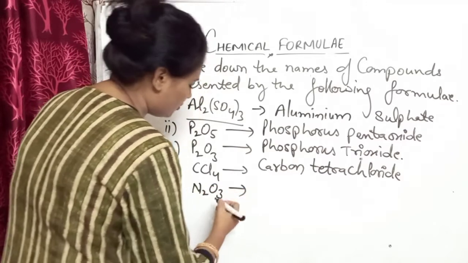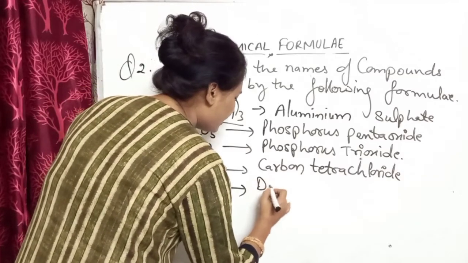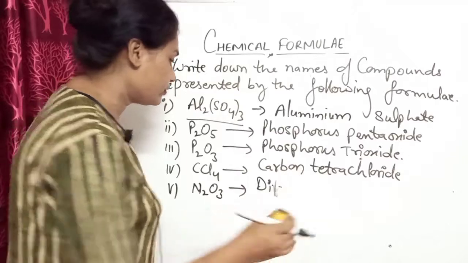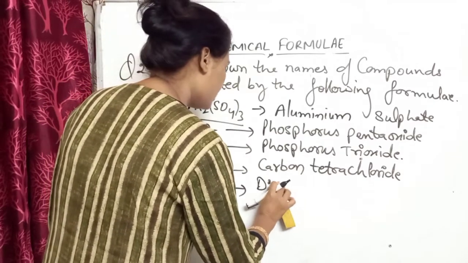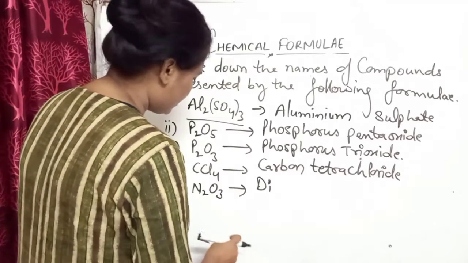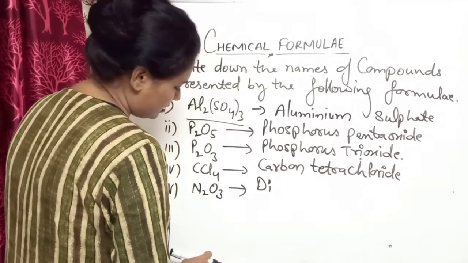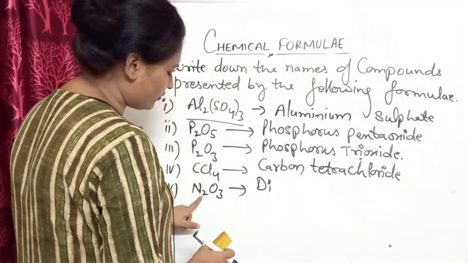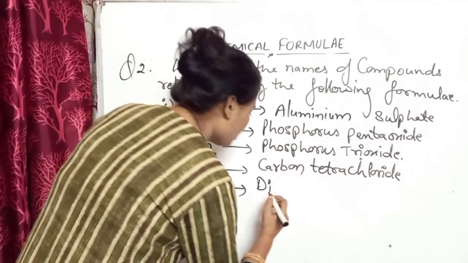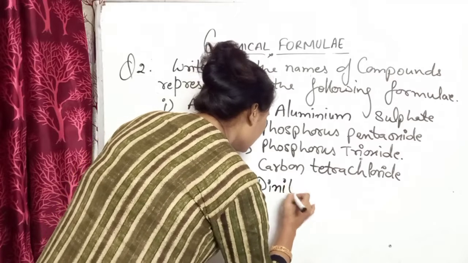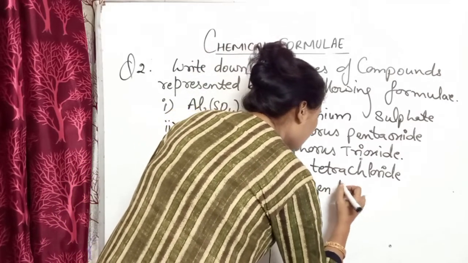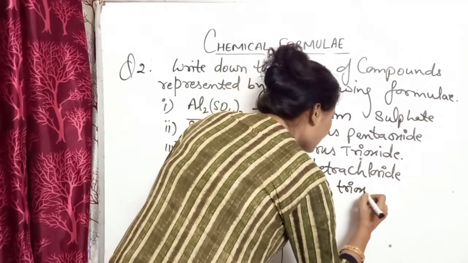Now N2O3 is dinitrogen trioxide, or if we write N2O5, then dinitrogen pentaoxide. Dinitrogen trioxide has 3 oxides.